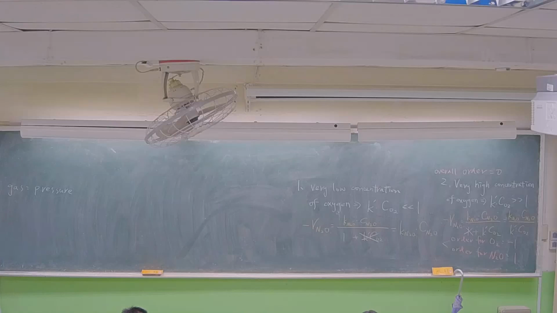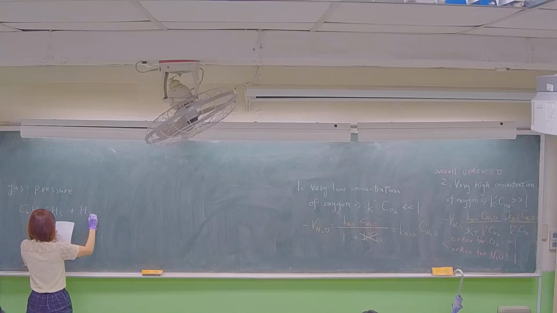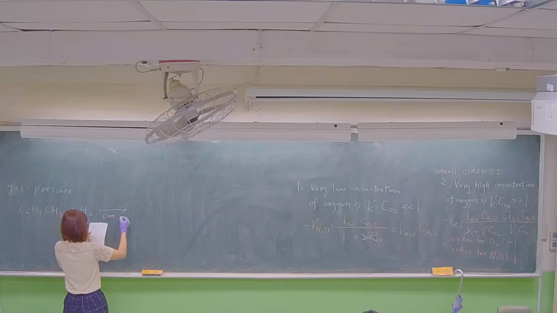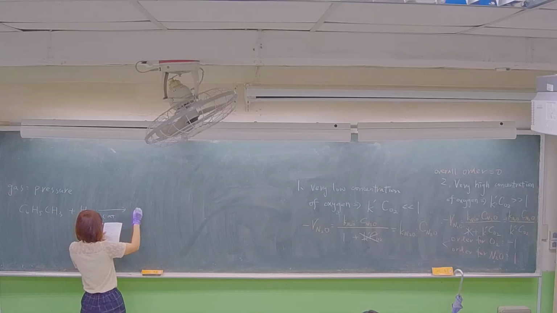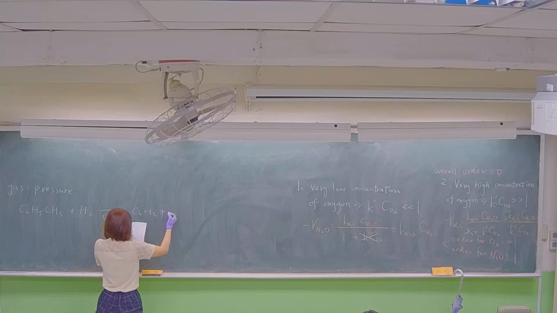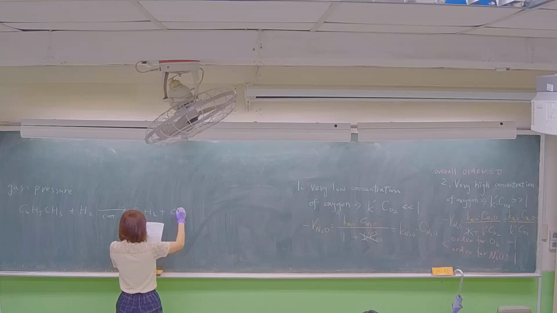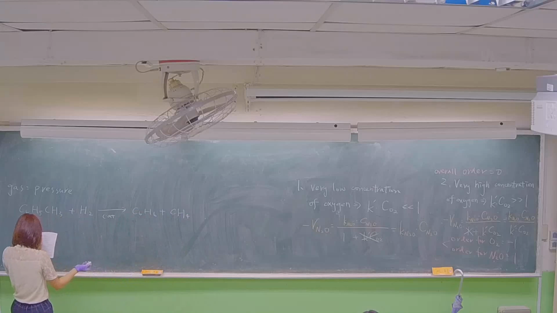For example, I just want to show you an example in slide 13, toluene, benzene and methane. There is a catalyzed reaction: toluene combined with hydrogen becomes benzene and methane.